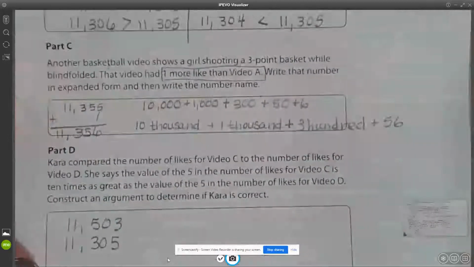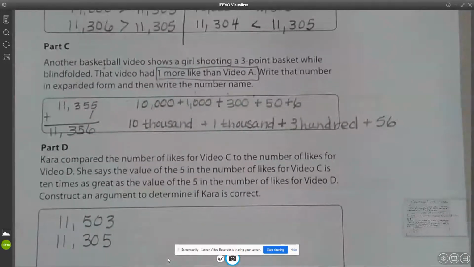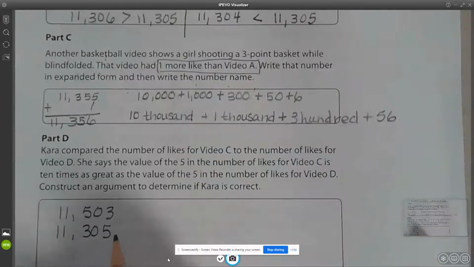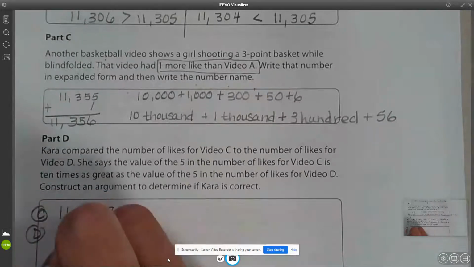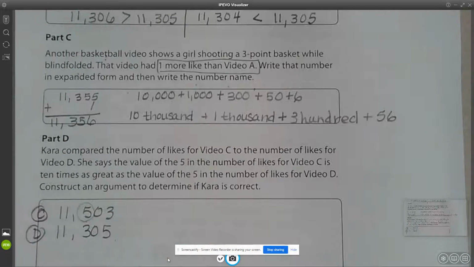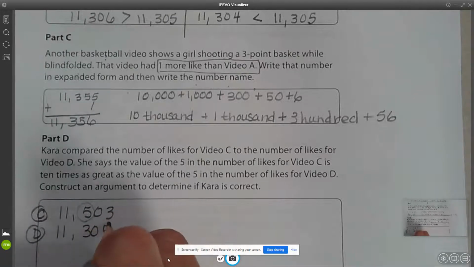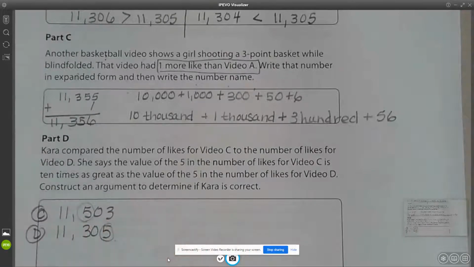So what I did is I stacked them. She's saying that video C, this one right here, maybe I should have labeled it, that this 5 is 10 times as great as this 5 in video D.